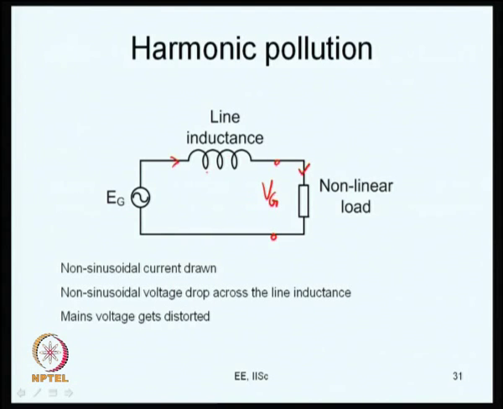So, the non-sinusoidal current drawn by the non-linear load results in a non-sinusoidal voltage drop across the inductor, and therefore the mains voltage is non-sinusoidal. This is what is called harmonic pollution due to non-linear loads. We will discuss in detail in the next lecture, and we will also discuss how to compensate for this, which is called harmonic or current compensation.